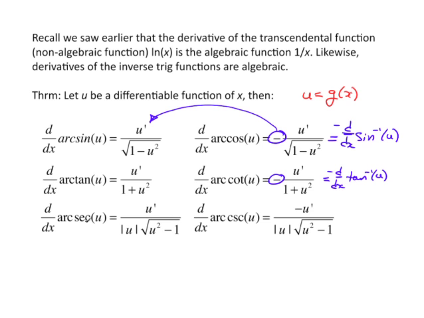Now, the derivative of arcsecant of u is u prime over the absolute value of u times the square root of u squared minus 1. And of course, as you probably suspected, the derivative of arccosecant is going to be equal to the negative of d/dx of arcsecant of u.